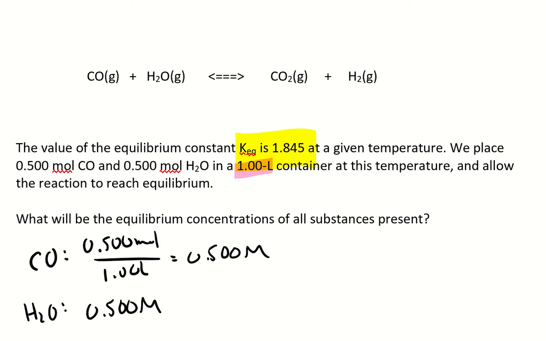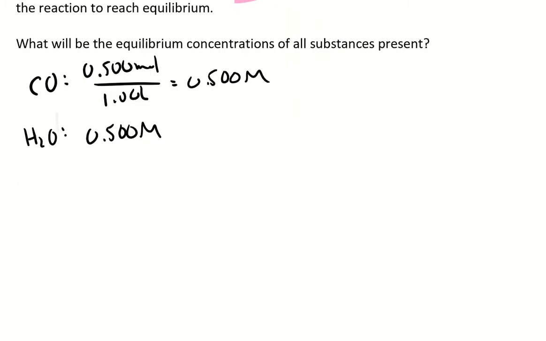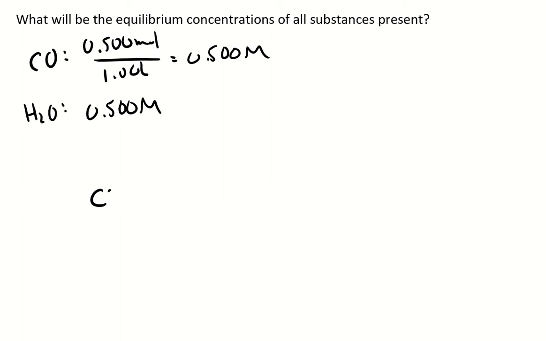Now what I'd like to do is set up the ICE chart. To do that, I'm going to rewrite the equation. We have carbon monoxide reacting with water vapor in equilibrium with hydrogen gas and carbon dioxide.